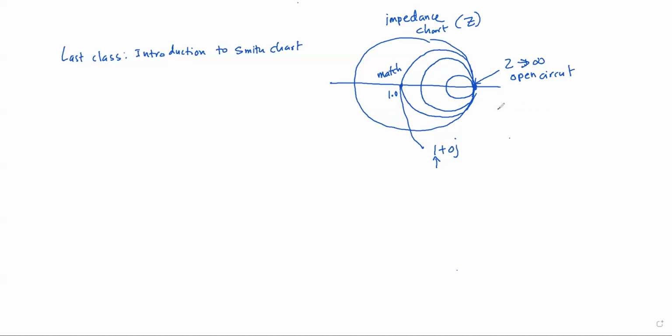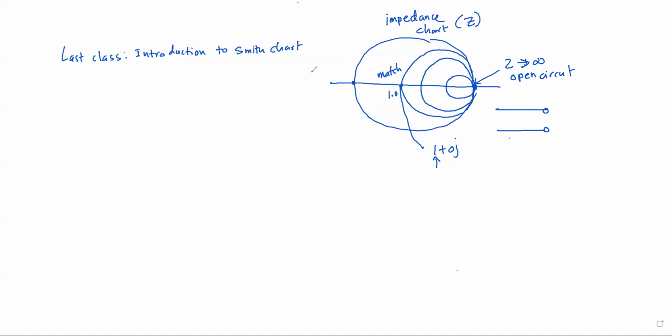If we take a transmission line which has an open circuit at its end, we take that open circuit point from this chart as this point. We will do some examples, and I will be able to explain more clearly in that situation.